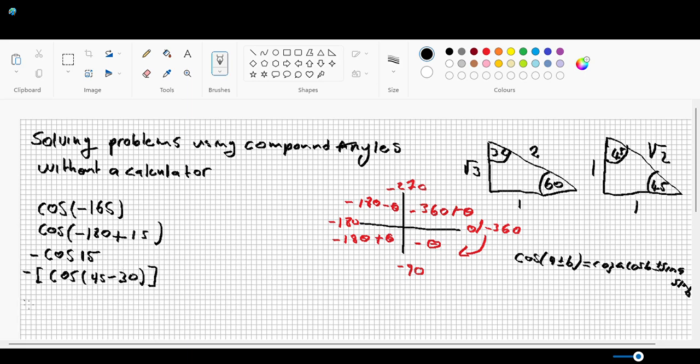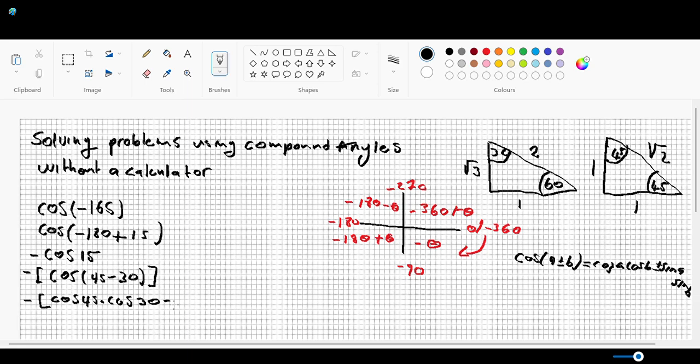So let's continue. We have our minus here, or subtraction, so we need to expand this using compound angles. How are we going to do this? This is going to be cos 45 multiplied by cos 30. Again, you need to know your compound angles.